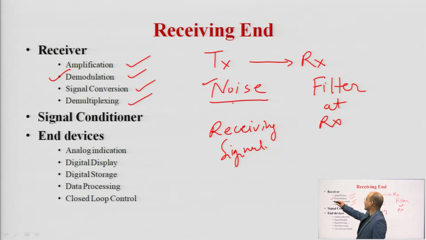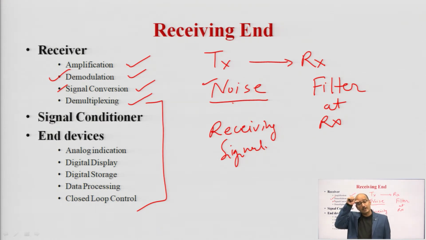Then comes signal conversion, because the next parts of the system are directly going to use that electrical signal, and as per the compatibility of the complete system, it is required to convert that electrical signal.